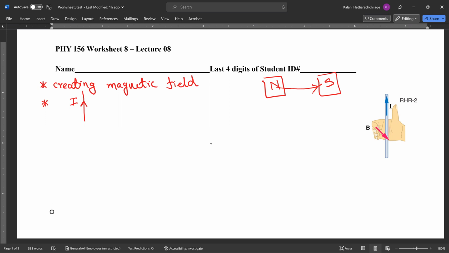Your four finger tips will be the magnetic field direction. But here they are not kept perpendicular. What we're going to do is point your thumb tip in the direction of the current, and then grab the wire. When you grab the wire, this side the magnetic field will be inward, but this side the magnetic field will be outward.